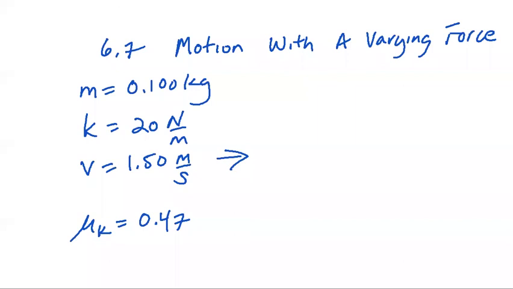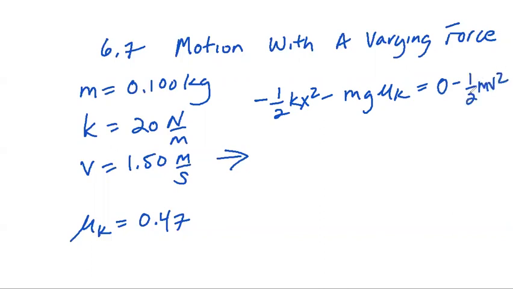Okay, so now the work done by the spring on the glider and the work done by friction are going to equal the change in kinetic energy. The work done by the spring on the glider is negative 1/2 kx squared, and the work done by friction is going to be minus mg mu k. That's going to equal the change in kinetic energy, and coming to rest, that's negative 1/2 mv squared.